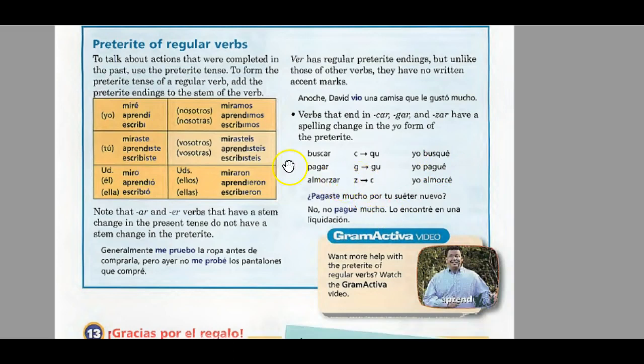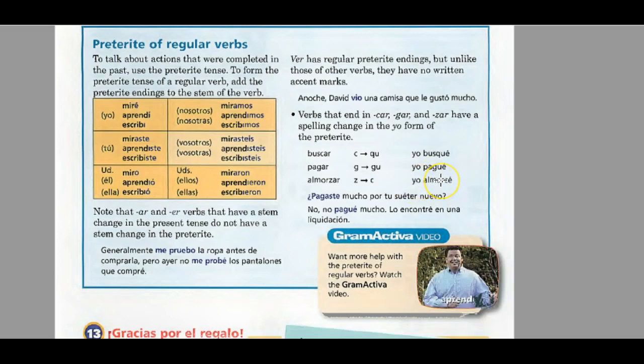The G might have a U after it to preserve the hard G sound of the G if needed. So you know that GE and GI in Spanish are pronounced like J, like gigante or gente, right? So to say I paid, you need to have a U in there to get yo pagué.